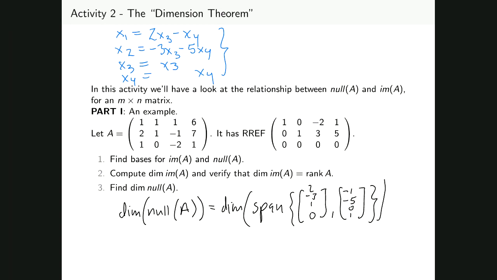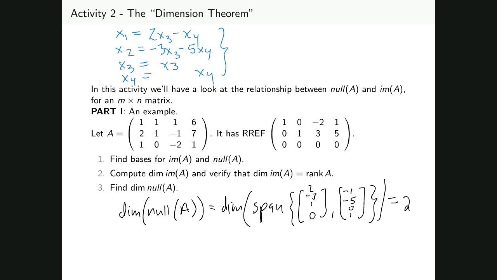Again, these two vectors are non-parallel. We've got two of them, so they span a plane. So the dimension is equal to the number of vectors.